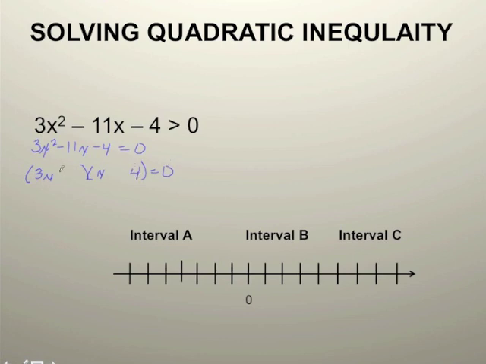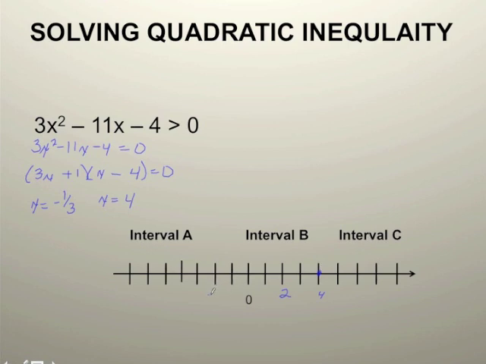If I put 4 and 1, this will give me 1x and 12x. If it's negative 12x, positive 1, that would give me a negative 11. So x here would turn out to be negative 1/3, and x here will be 4. So those become my points to use to divide up the interval.